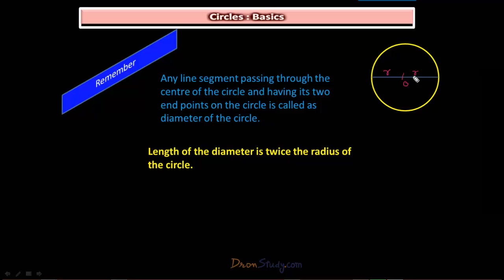The diameter divides the circle into two equal parts.